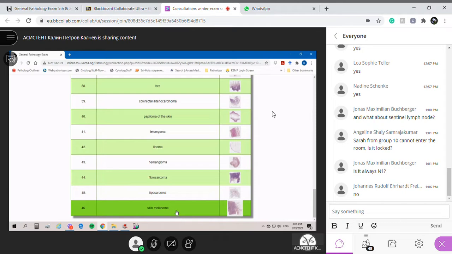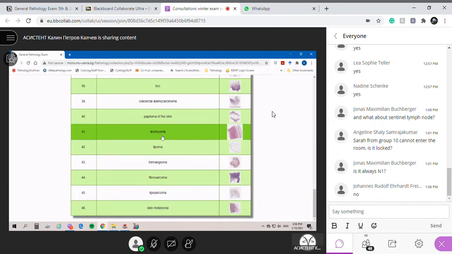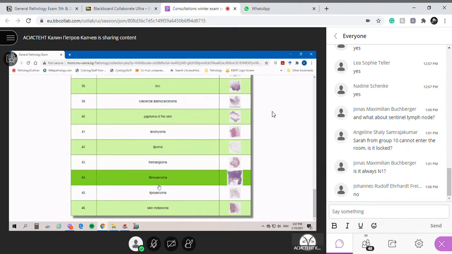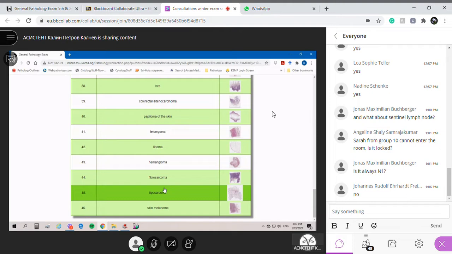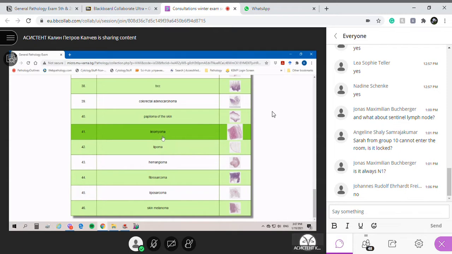Actually, we have finished with the epithelial tumors, and we continue with the mesenchymal tumors here. The mesenchymal tumors here are the leiomyoma, lipoma, hemangioma, fibrosarcoma, and liposarcoma. You know that for the mesenchymal tumors, if their names end with oma, they are benign tumors.